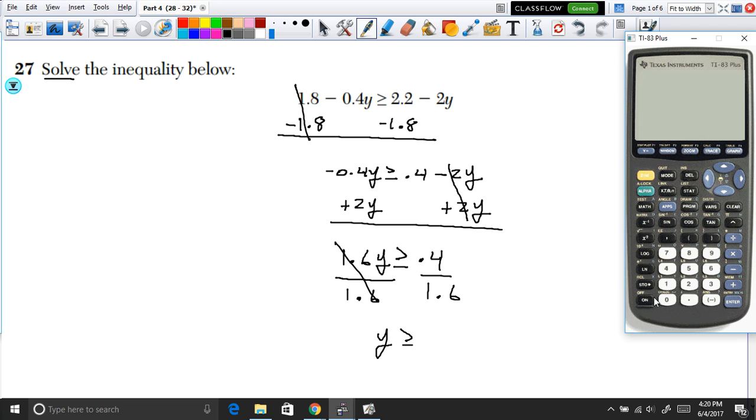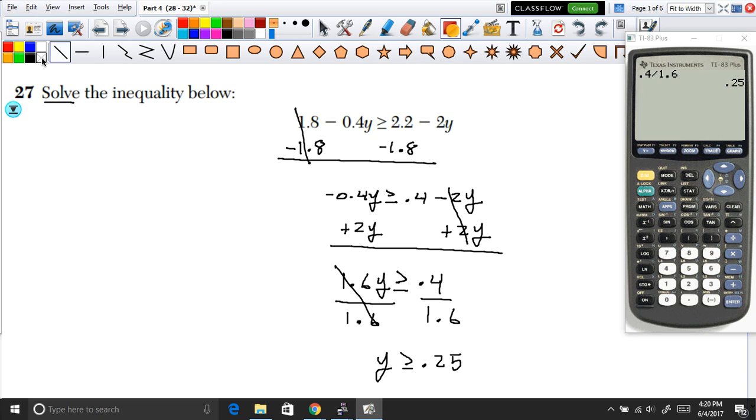So let's find out what that is. 0.4 divided by 1.6 is going to give us a total of 0.25. And notice that we have solved for y now. Y is less than 0.25.